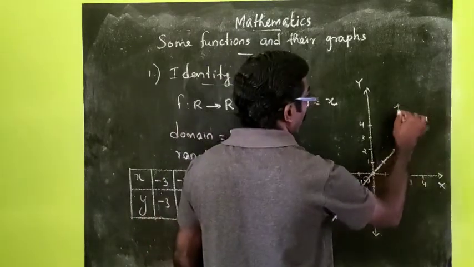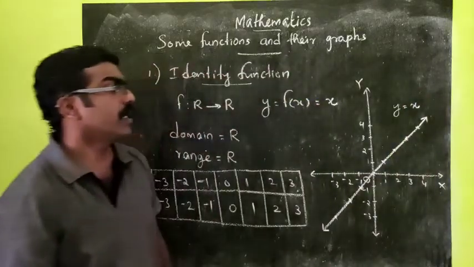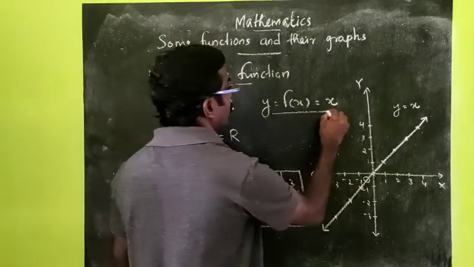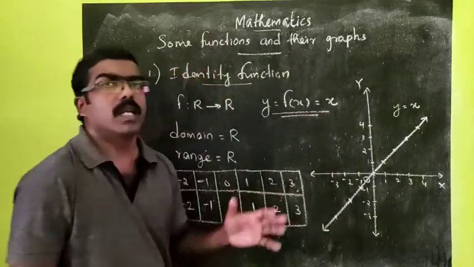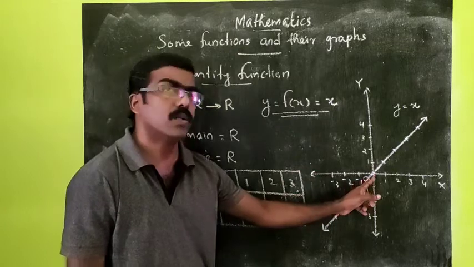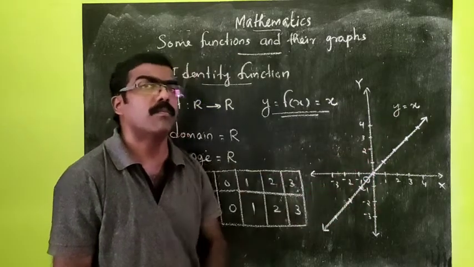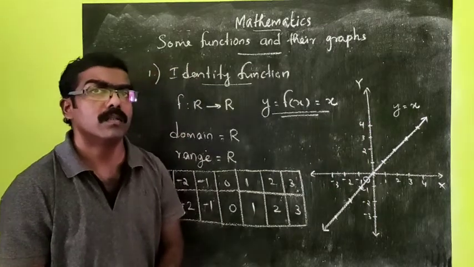And here we can write y is equal to x, or y equal to f of x, which is equal to what? x. So here the graph is a straight line passing through the origin. Clear?